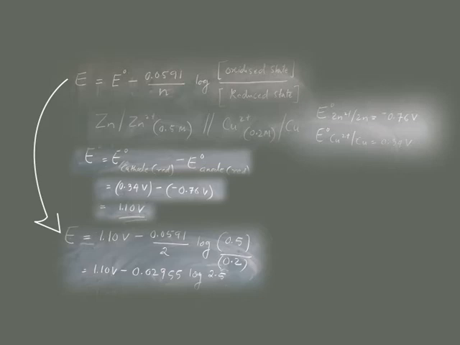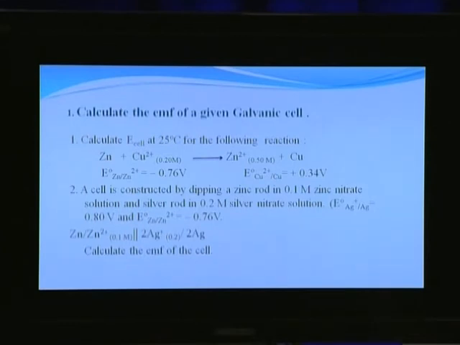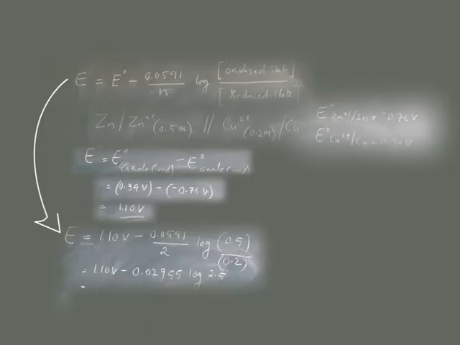E naught value is 1.1 volt. So now when you put this in the calculator, we'll get 1.1 minus, when you divide 0.0591 by 2, you'll get 0.02955 log.